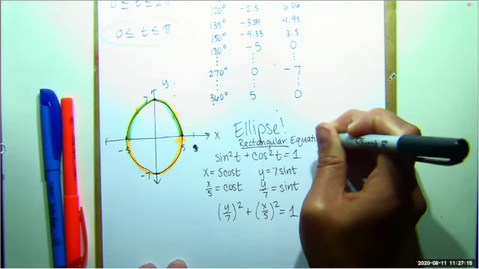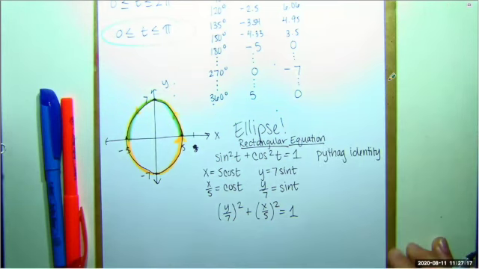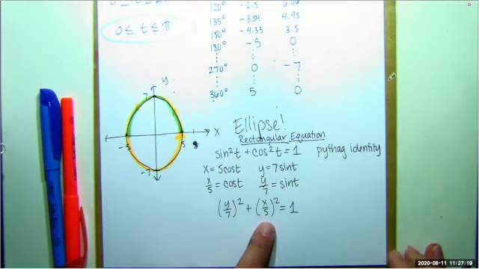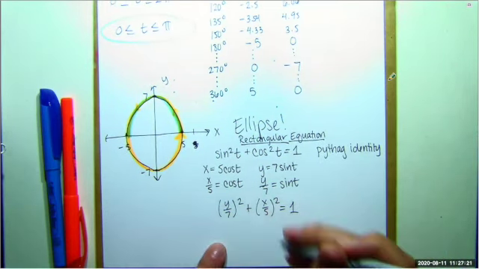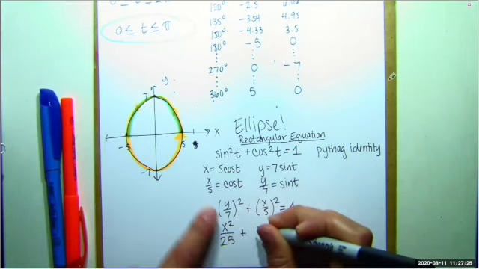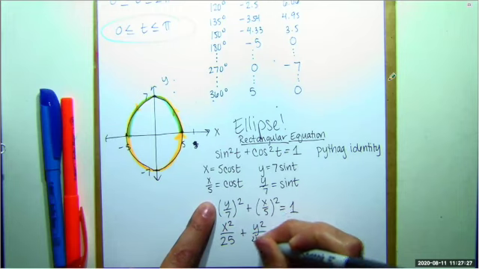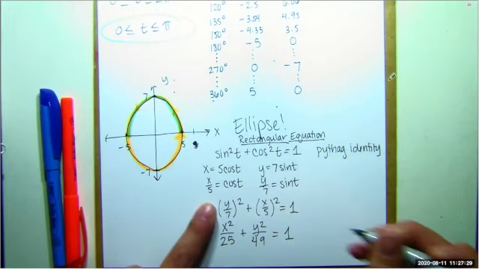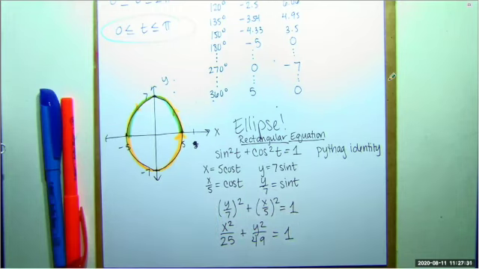The last thing we'd want to do is get this into our standard form of the equation of an ellipse. We always put the x first and we square these out. So I'm going to write this as x squared over 25 plus y squared over 49 is equal to 1. So this is the equation of an ellipse, right? We have a plus in the middle. That's what determines it's an ellipse, not a hyperbola. The major axis is on the y-axis because this number is bigger.